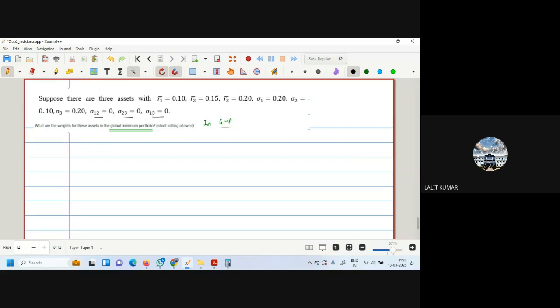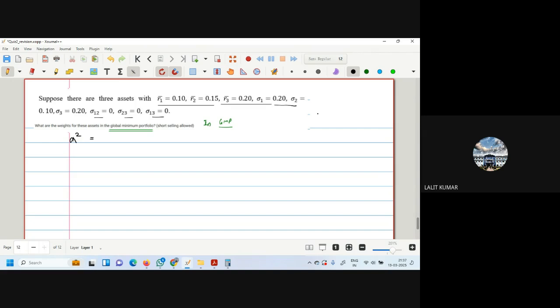So see, for the global minimum scenario, first of all we have to see his sigma square, his variance.